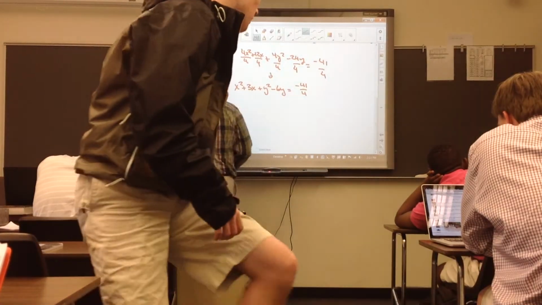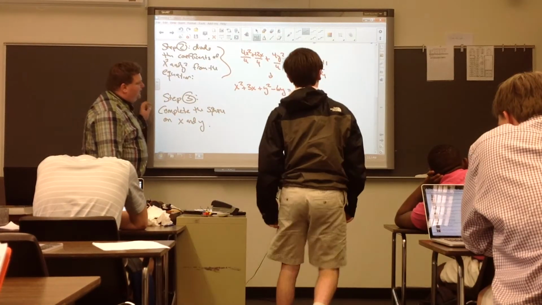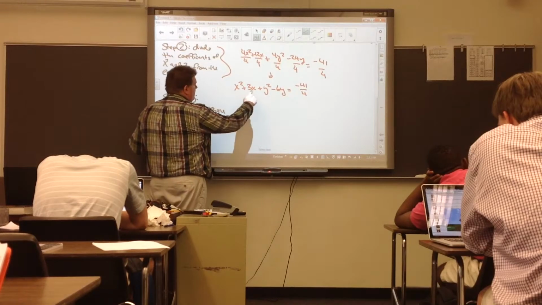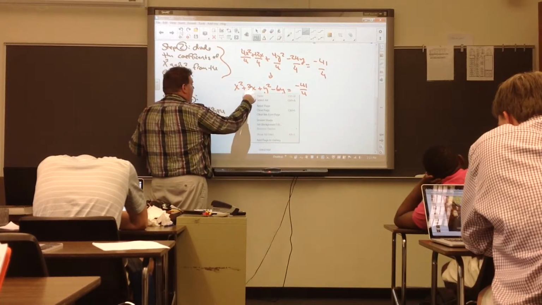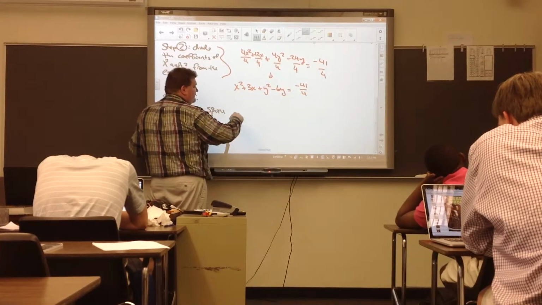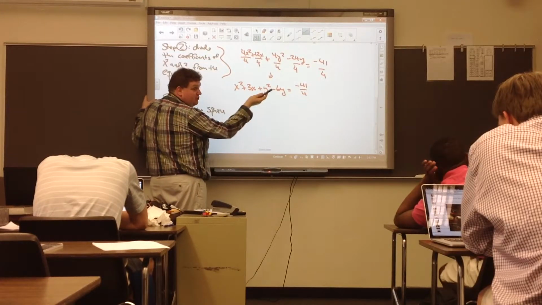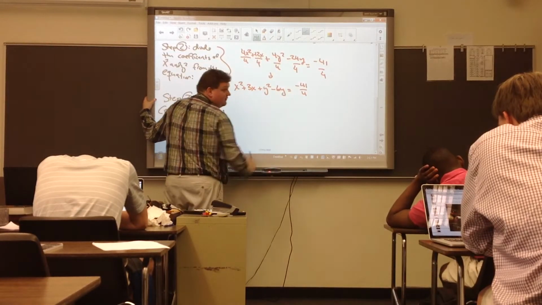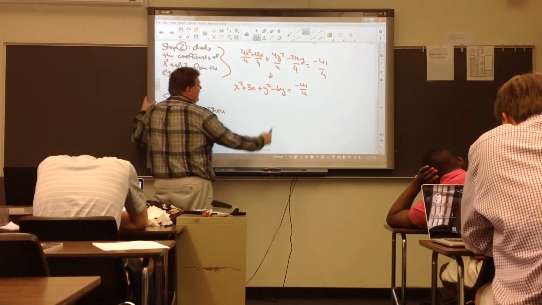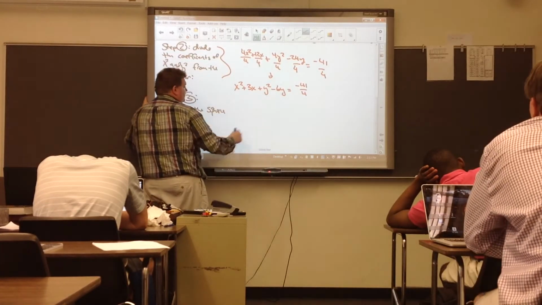All you have to do to complete the square is look at the singular term, so the 3x here, and add half of its coefficient squared to both sides of the equation. And then do the same thing for the singular term for y. Add half of negative 6 to both sides of the equation.